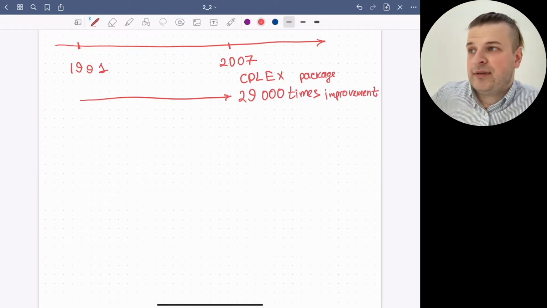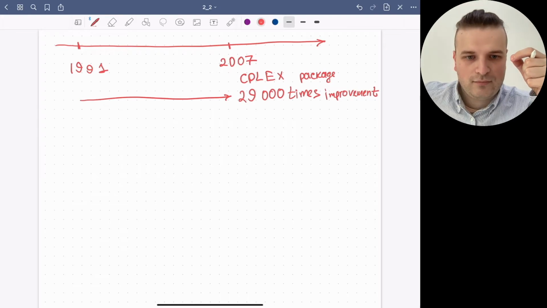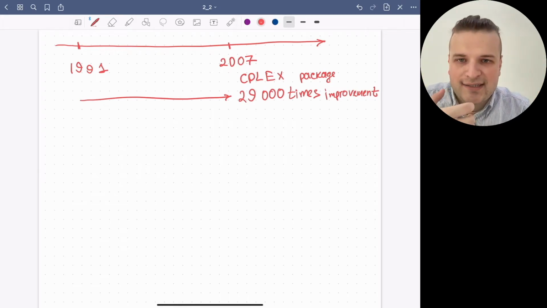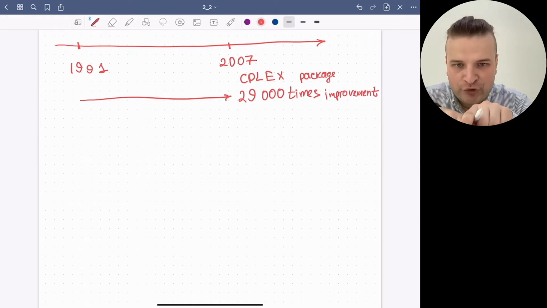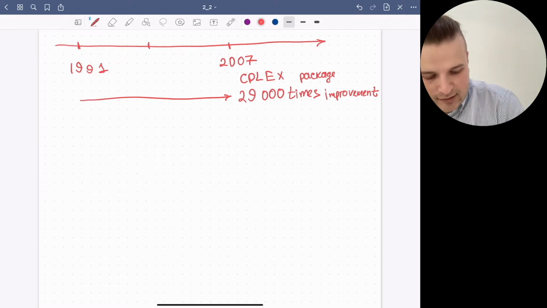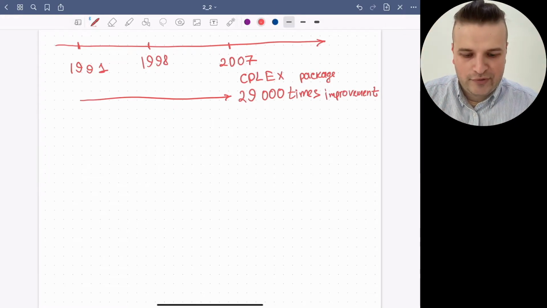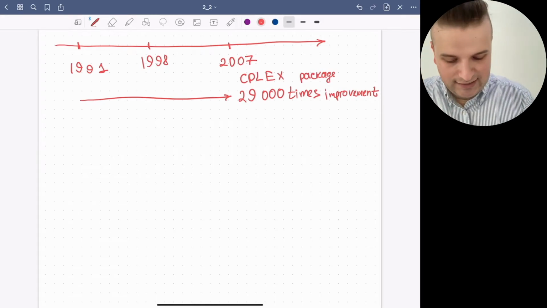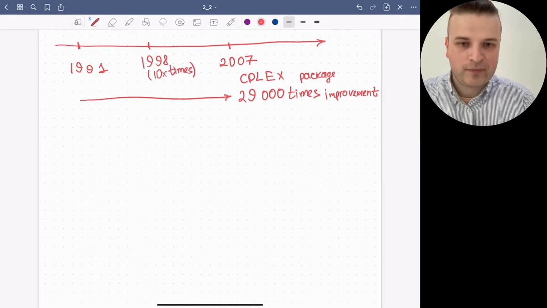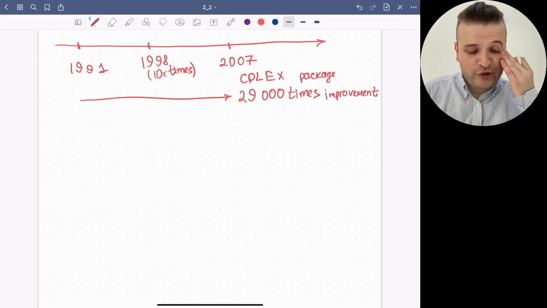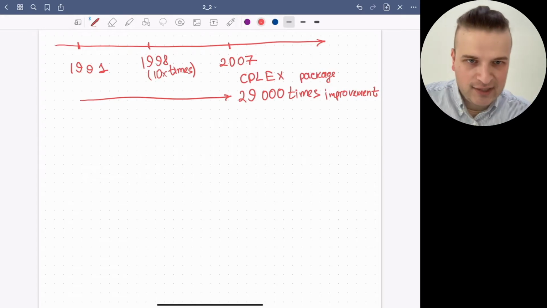The highest acceleration of the solution came from switching between versions in 1998, where a lot of theoretical ideas were implemented at once, and there was about 10 times acceleration, which was the highest at the time per version, but the cumulative acceleration was about 29,000 times.